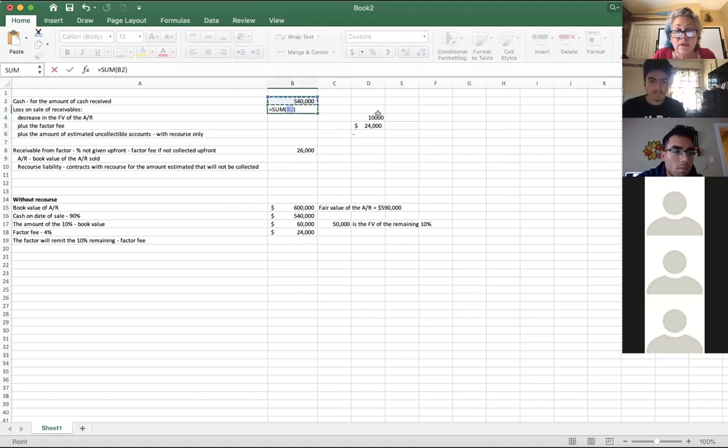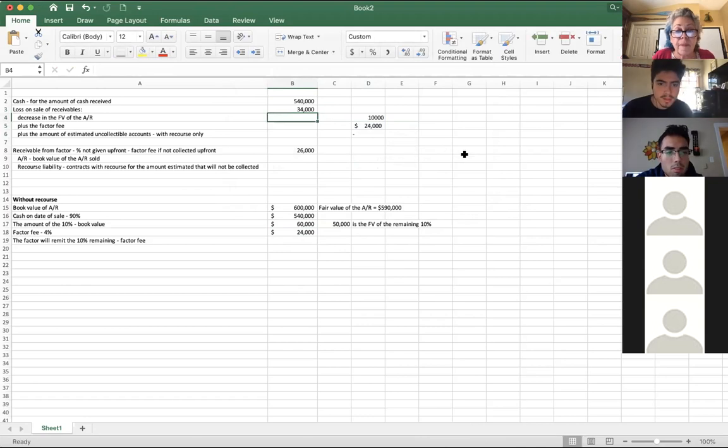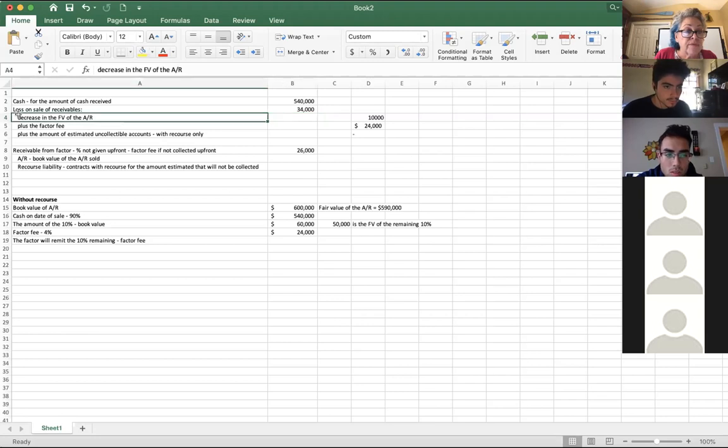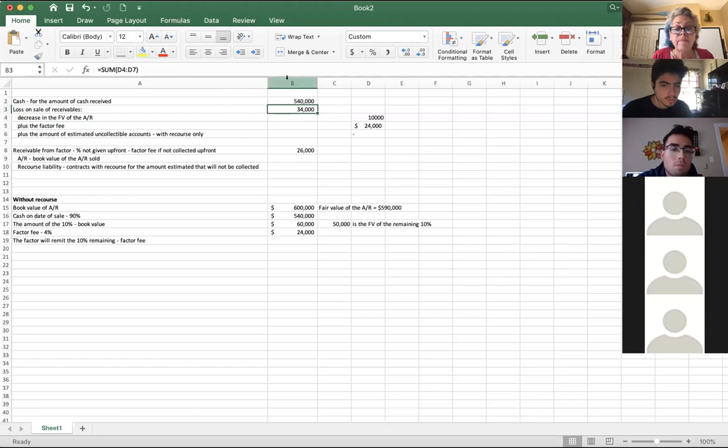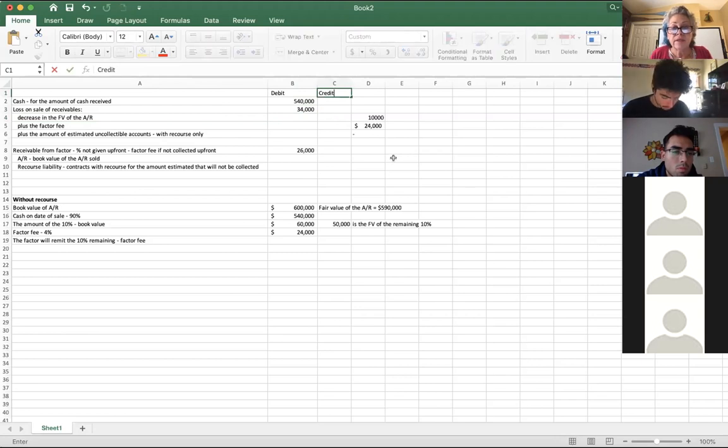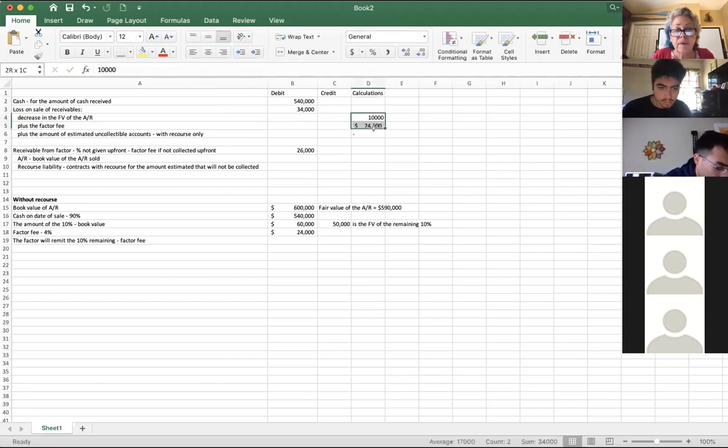The decrease in the fair value of AR is not an account. No, these three are how you calculate the 34,000. That's why I'm trying to show, okay, B is my debit and C is my credit, and then this is calculations. Okay, is that better? Yes.